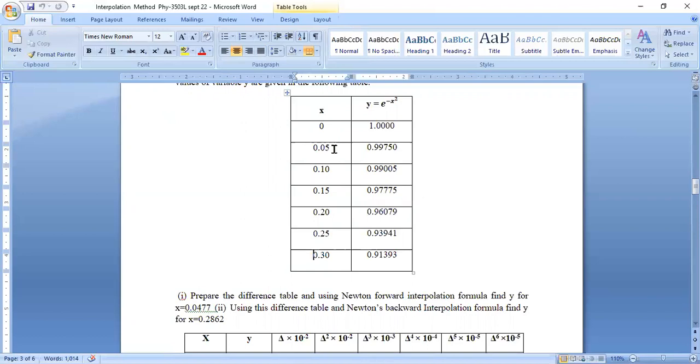So your xk is what? Xk is 0.05. What is yk? For the corresponding value of this xk, yk is 0.9975. So what is the index k? This is x0, so k is 0.